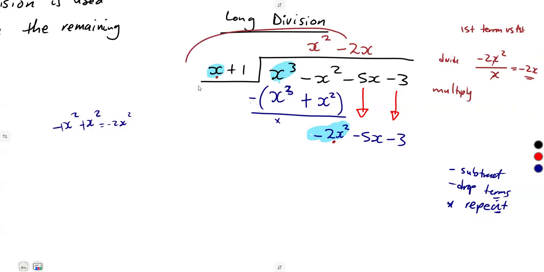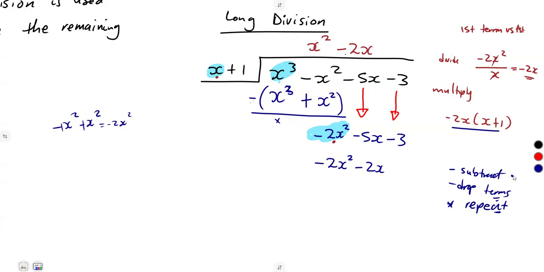So minus 2x multiplies everything here, just like before. It's minus 2x into x plus 1. Minus 2x times x is minus 2x squared. You write it down here, just like before. Minus 2x times 1 is minus 2x. So you multiply the bracket, writing it down.